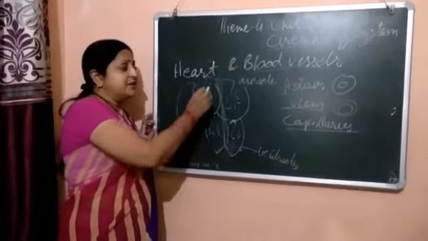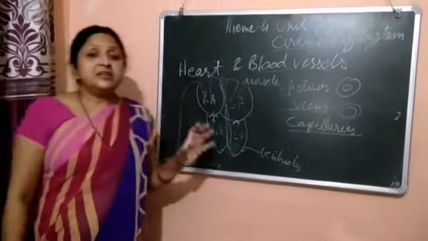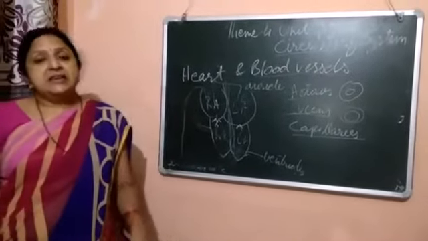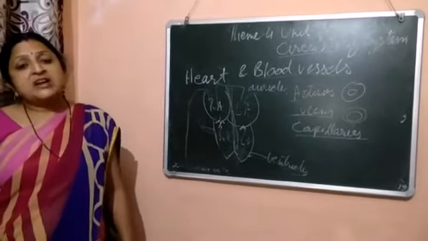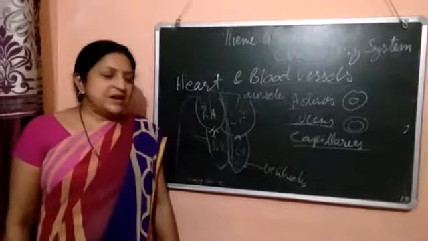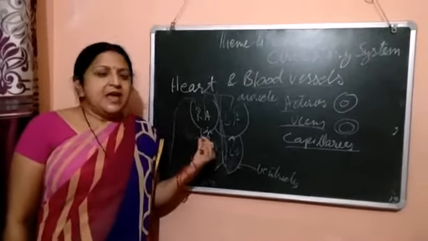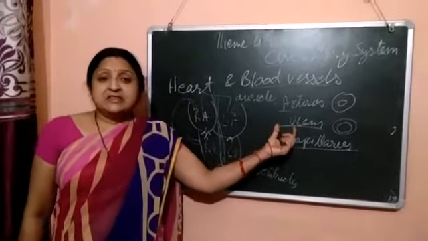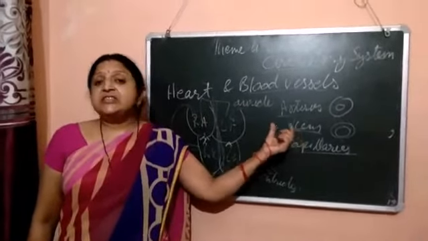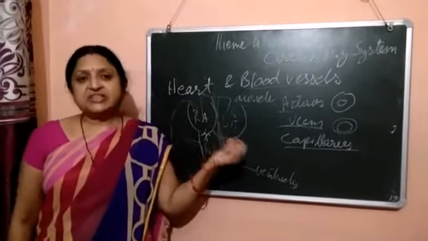Pulmonary artery and pulmonary vein, these two vessels are working against their names. We all know that arteries always carry oxygenated blood, but pulmonary artery carries deoxygenated blood, and veins always carry deoxygenated blood, but pulmonary vein always carries oxygenated blood.